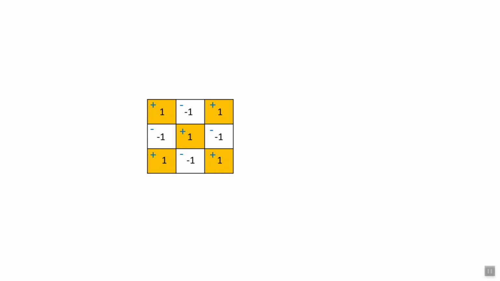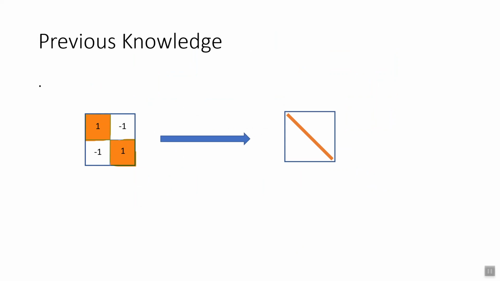Let us look at some previous knowledge. Let us together learn from the simplest word problem. We learned that this is the backward slash, hopefully all of you remember, and the second one is the forward slash.